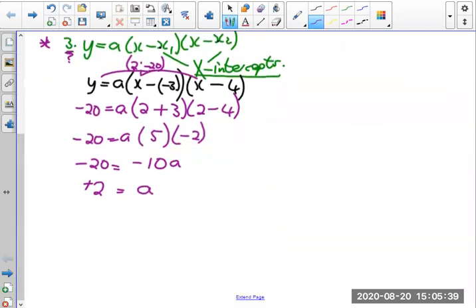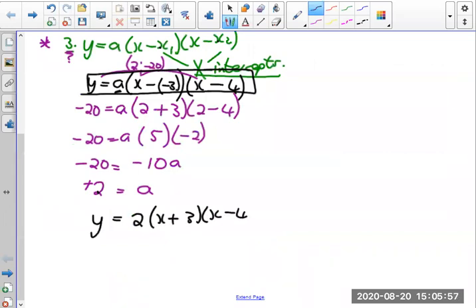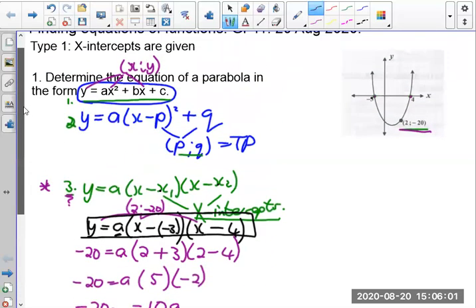So now you take your equation where you substituted the x-intercepts, and you're going to substitute the a, this a I'm going to substitute with 2, and then this (x plus 3)(x minus 4), I am going to multiply, because if I multiply and simplify, I'm going to get this form.